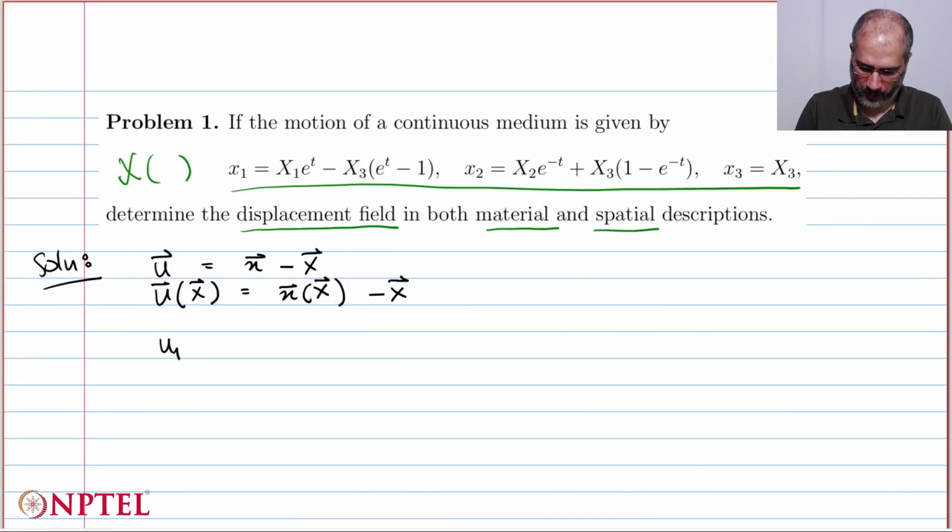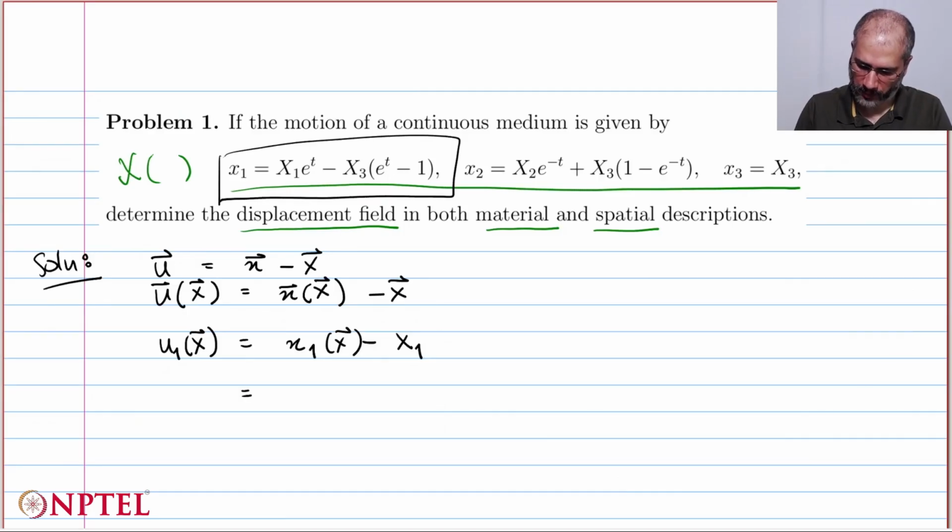With this, we get u1 as a function of capital X is small x1 as a function of capital X minus capital X1. And we can substitute this expression for small x1. This becomes capital X1 e to the power of t minus capital X3 e to the power of t minus 1 minus capital X1.